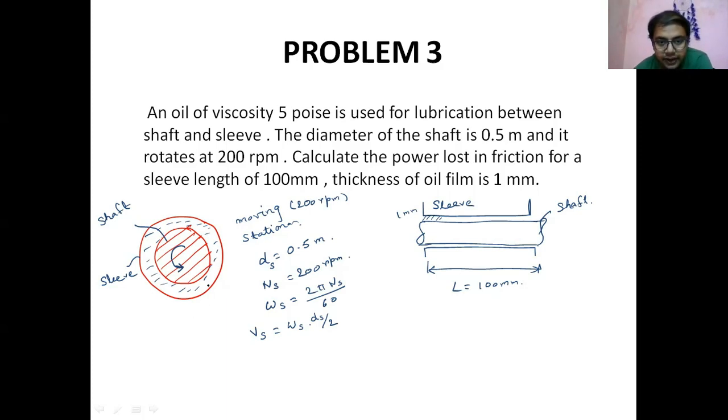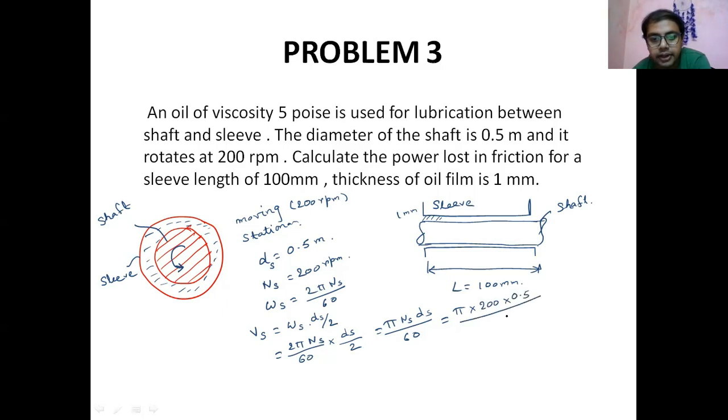So first we are finding Vs: 2 pi Ns by 60 into Ds by 2, which is pi Ns Ds by 60, gives you the velocity of the shaft. You just put the values: pi into Ns, given as 200, into Ds, 0.5, divided by 60.